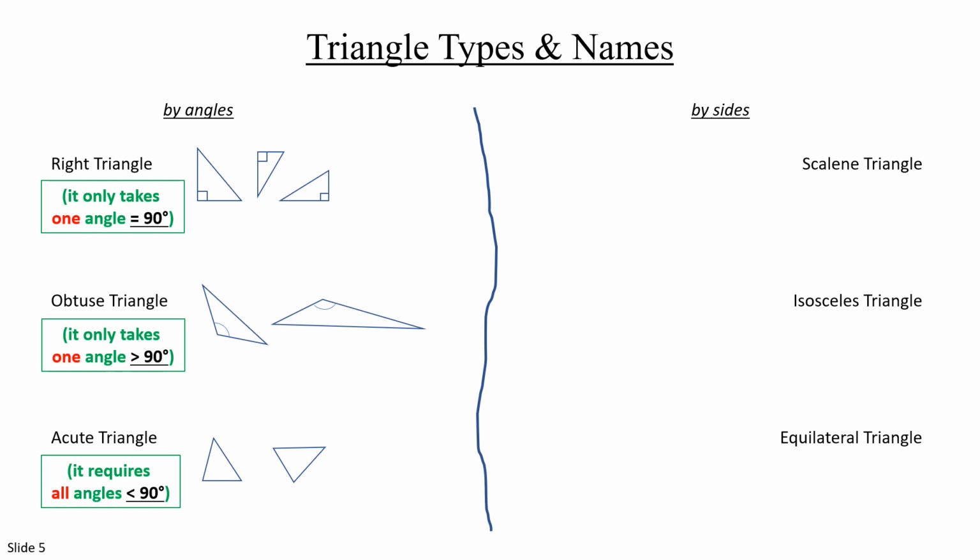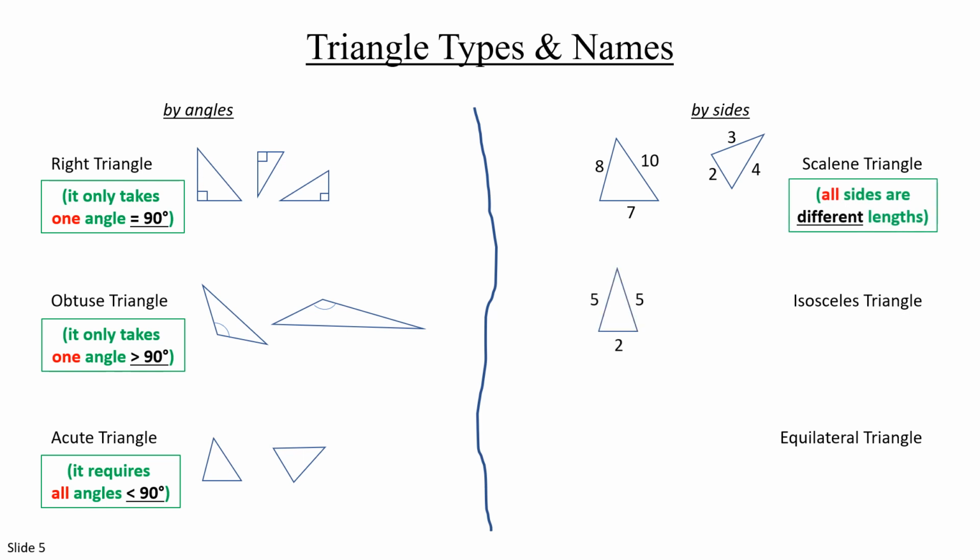By sides, scalene. It means all the sides are different lengths. That's a scalene triangle. Isosceles triangle.